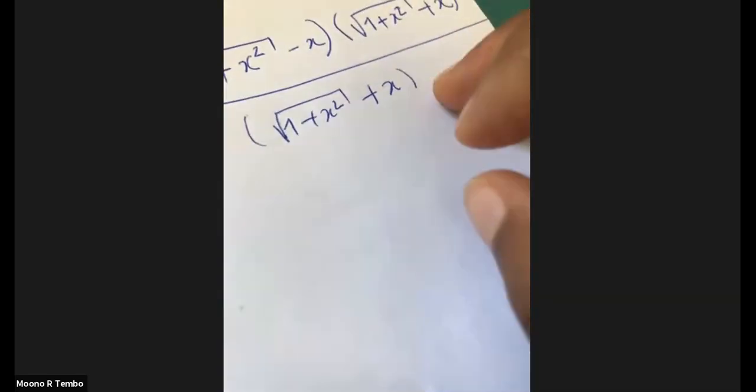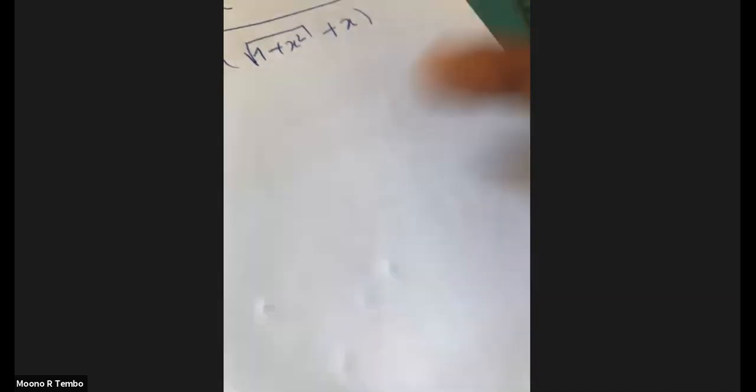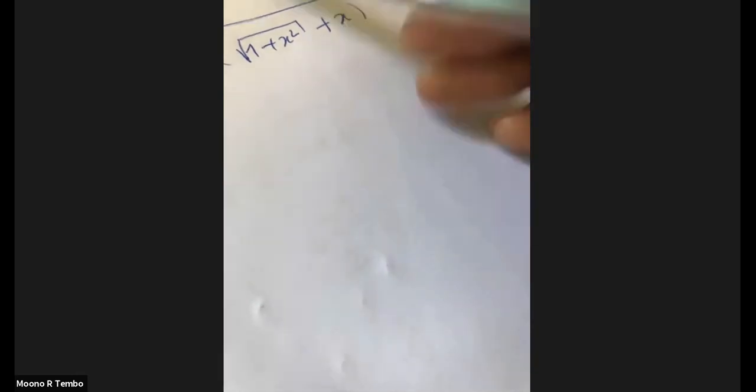So this right here is what we're going to use. When you use the opposite of what you actually have, this part is already simplified. The square roots will cancel, and you look at the signs.